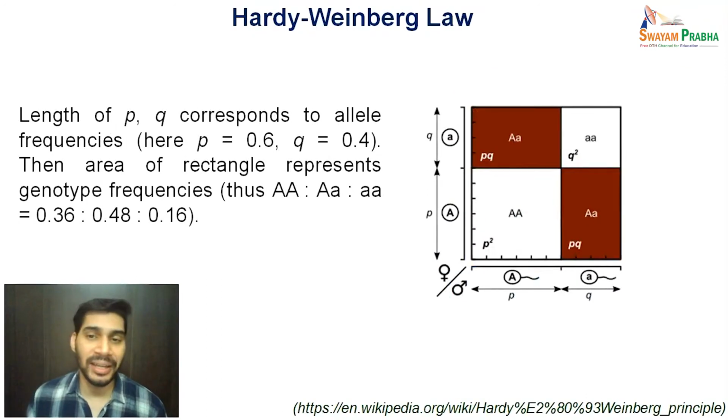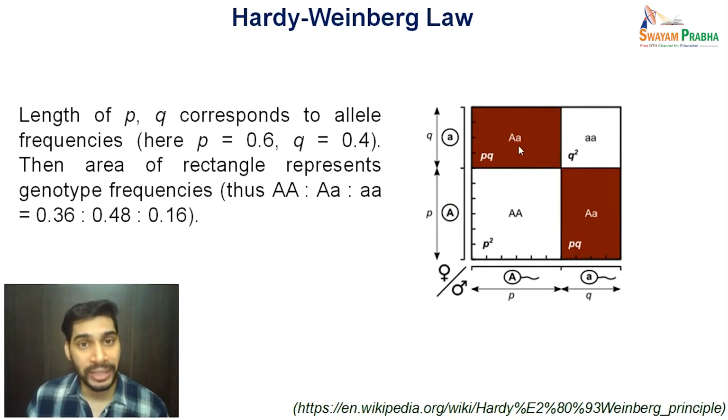Also, this is another way of understanding the Hardy-Weinberg law. Here, the lengths of p and q correspond to allele frequencies. Let's say p represents 0.6 and q represents 0.4. So the area of each rectangle represents the genotypic frequencies. Capital A capital A is represented by 0.6 multiplied by 0.6, that is 0.36.